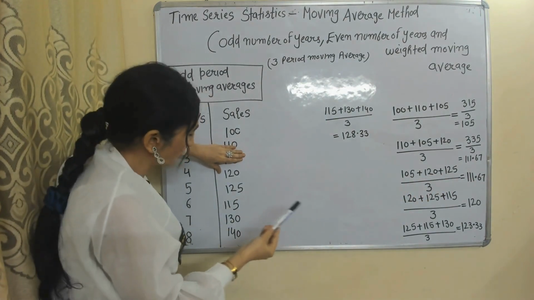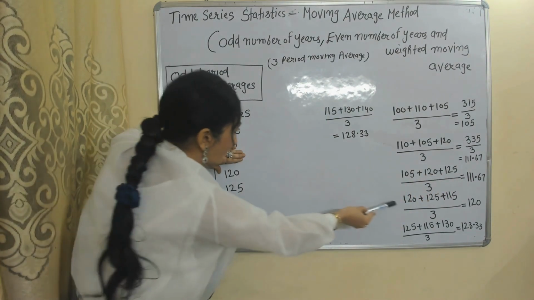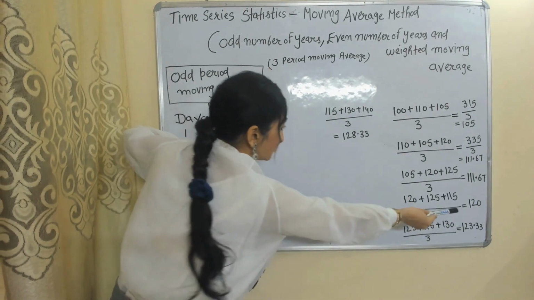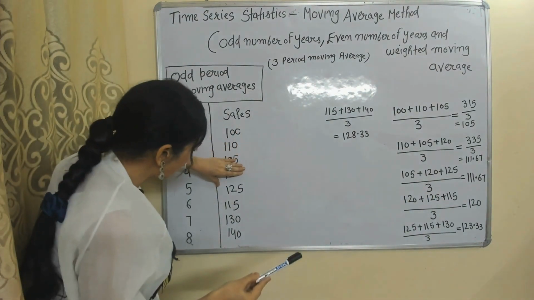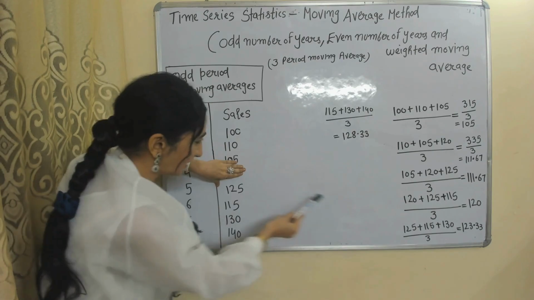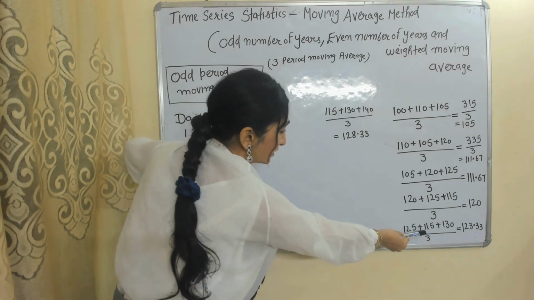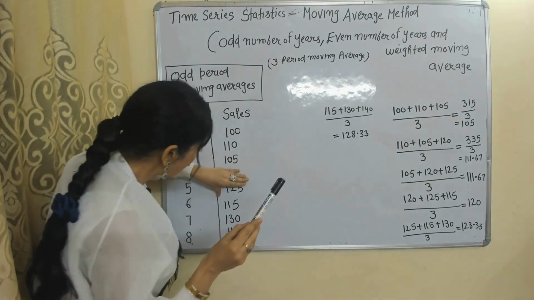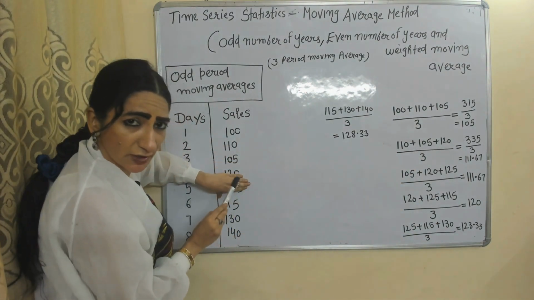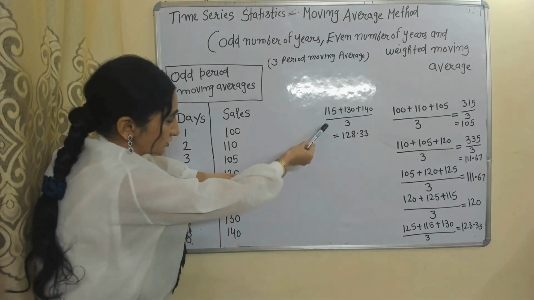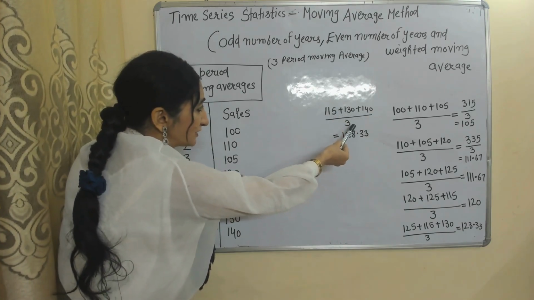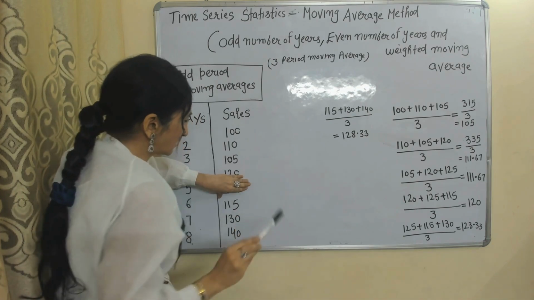Leave one number from above and find the average of 120, 125 and 115. It becomes equal to 120. Similarly, leave one number and find the average of 125, 115, 130. It becomes equal to these. Leave one number from above and find the average of 115, 130, 140 and divide it by 3. It becomes equal to this.